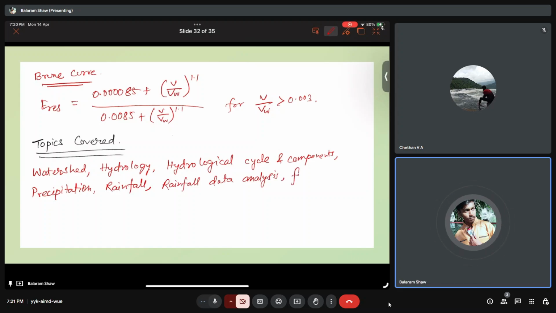Then we have data frequency analysis also, isn't it? Then we have seen other hydrological components like hydrological abstractions, such as depression ponds, and then other abstractions like evaporation or evapotranspiration.